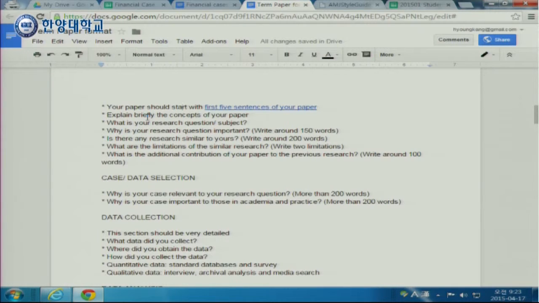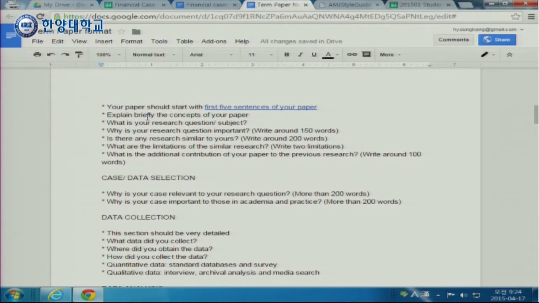Okay, so this is the one essay. This is the introduction. For your midterm exam, at least the introduction should be complete. I know you are collecting the data, and many of you haven't started analyzing data yet. I admit that the data analysis part would be hard, but at least you can write down the introduction completely.